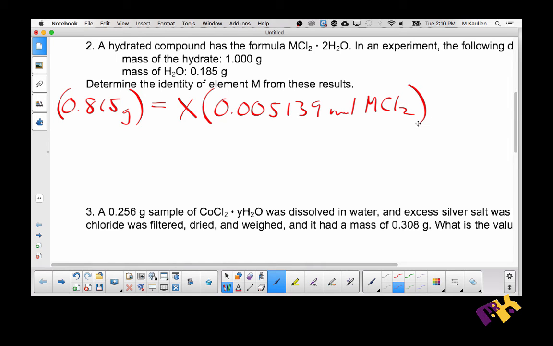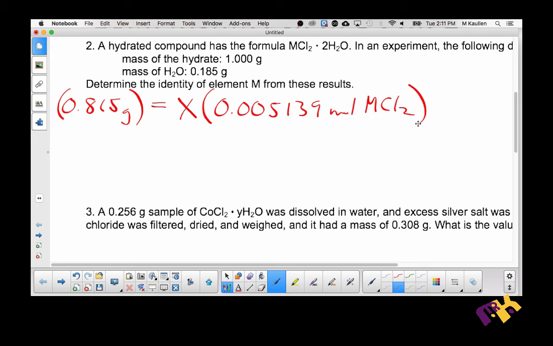If we solve for x, we're solving for the molar mass of the anhydrous salt. If we know the number of moles that should be present in our sample, 0.005139, and we know its mass after drying it, then the unknown is the molar mass. Because if we multiply the number of moles by the molar mass, we should get its mass in grams. Does that sit okay?